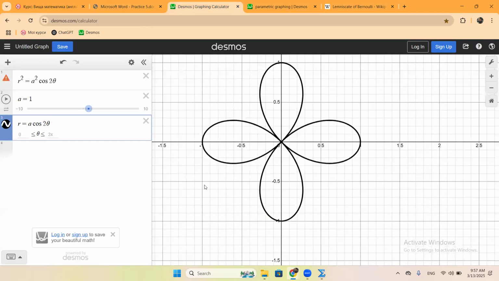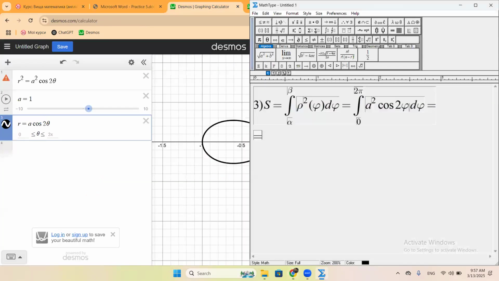So here is a mistake. Let me see what is wrong. Maybe I need to choose other bounds of integration.